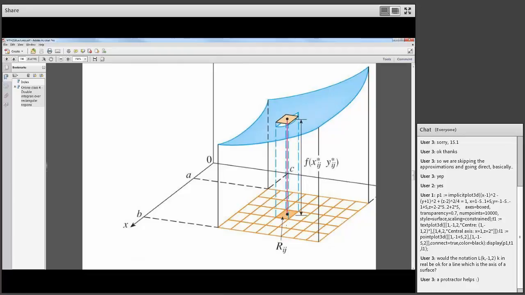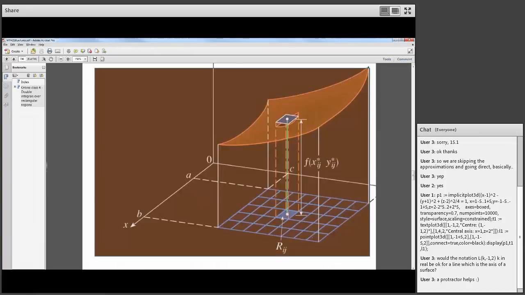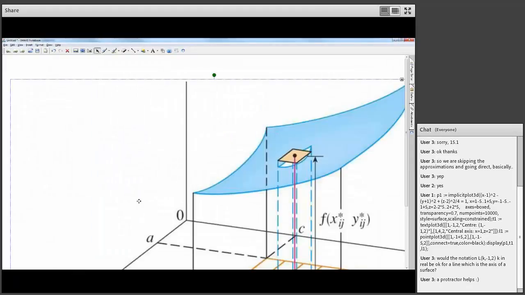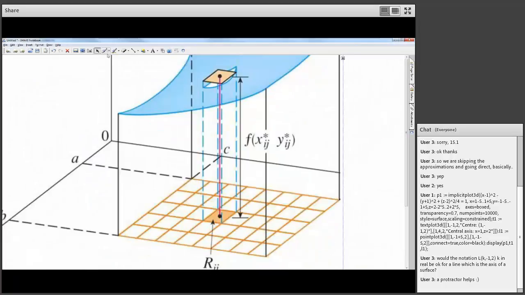And then the width here would be a bit of x and a bit of y. And so this small bit of volume would be the height, f(x,y) say, times a bit of x times a bit of y. And these x's and y's are really small.